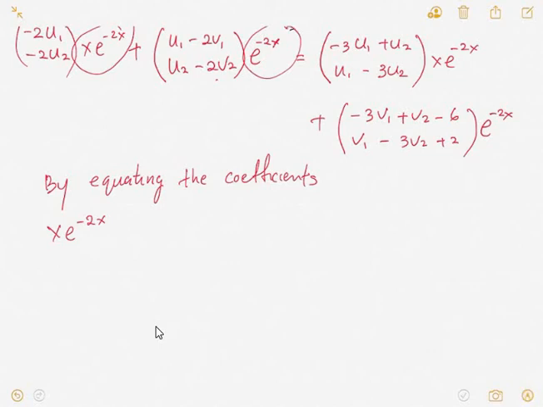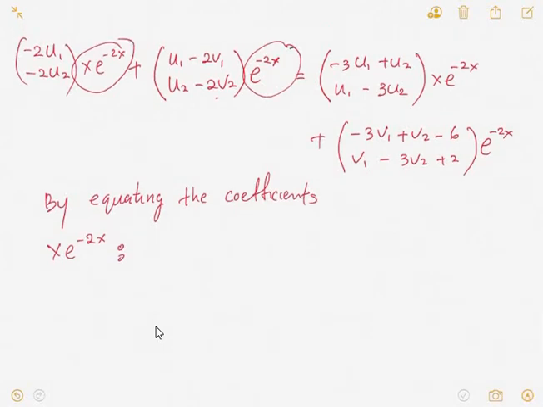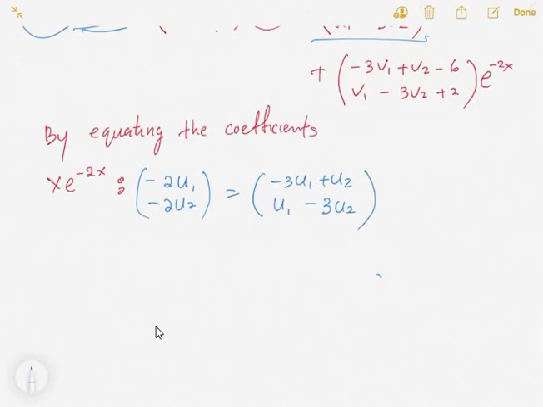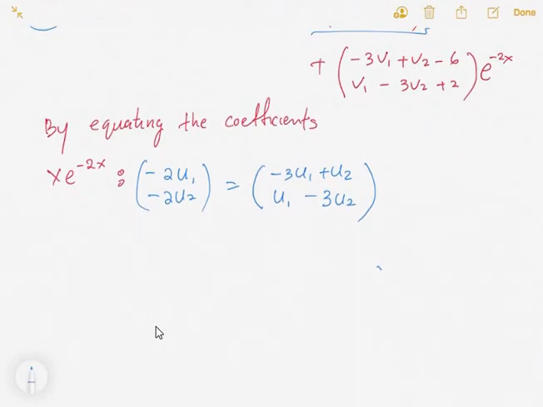Okay, so first of all is the x exponent first. For the x exponent, you have this one for the left hand side, and the right hand side you have this one. So you have negative 2u1, negative 2u2 on the left hand side, and the right hand side is negative 3u1 plus u2 and u1 minus 3u2. Then you generate the equation.